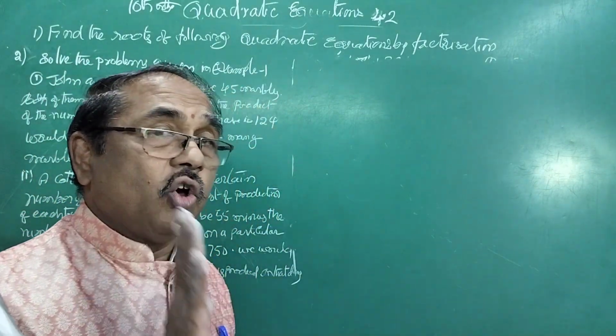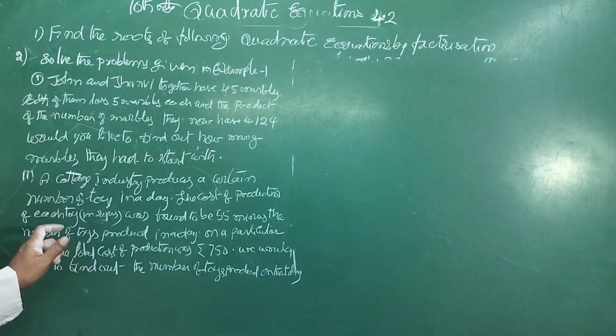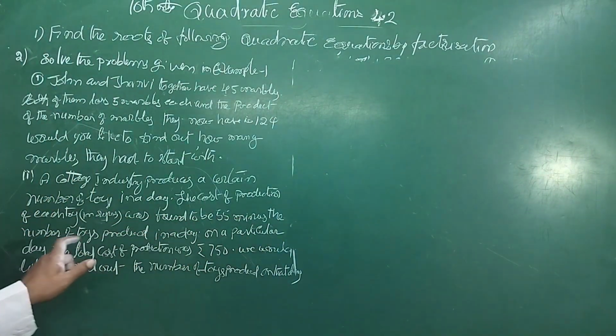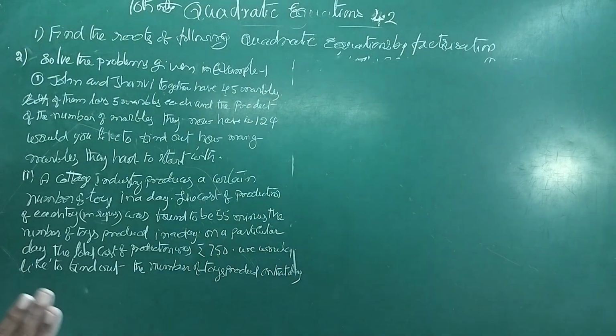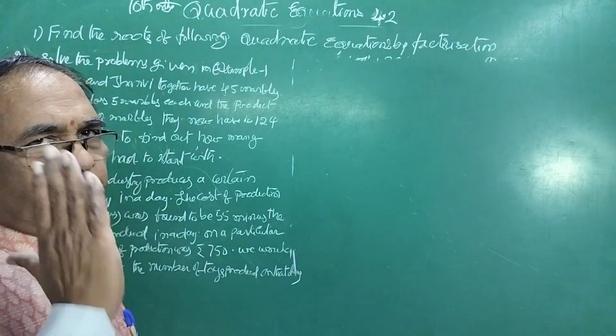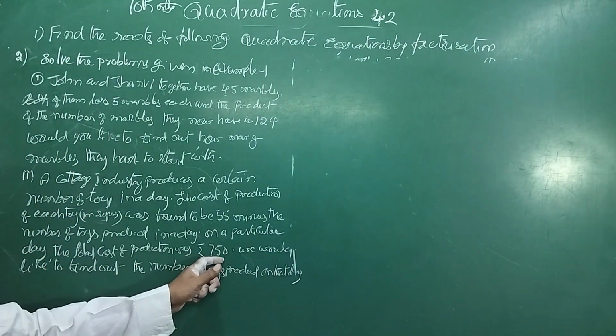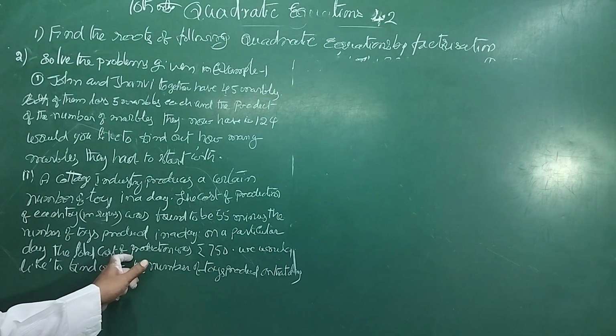By each day, cost how much? Suppose x toys produced, the cost is how much? 55 minus the number of toys produced. Number of toys produced how many? x. 55 minus x is the cost of each toy. Alright. Next, total cost of production.